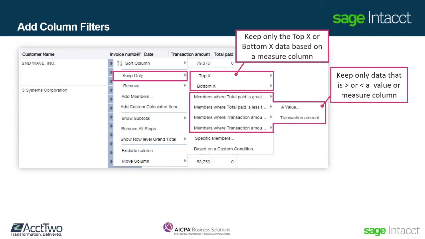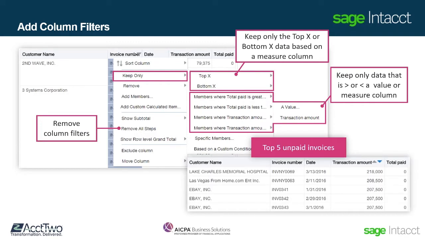And then we can also put the rule in that says only look at data that's greater than or less than a particular value. So when you look at a report that I've created, you see I've got a report that shows me the top 5 unpaid invoices. So being able to set those column filters with the rules gets you this type of reporting.